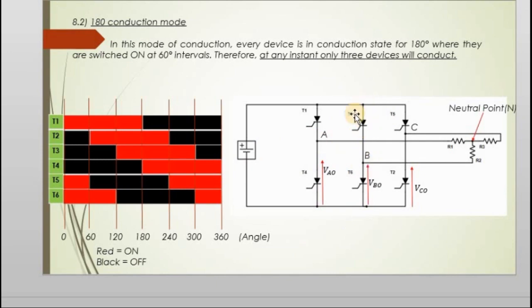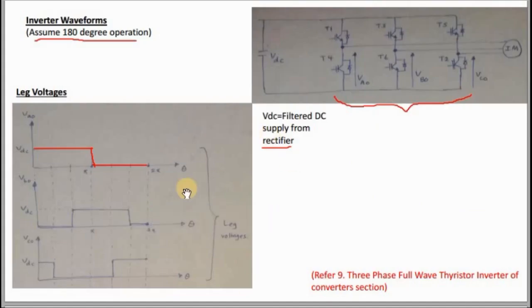This is on. What will happen? This is VDC, this is 0, VBO is equal to VDC.